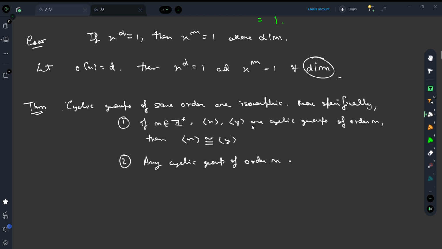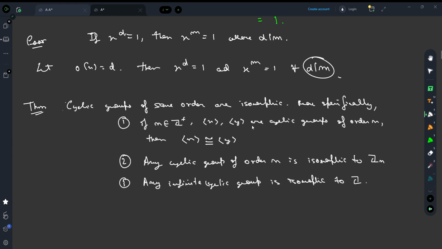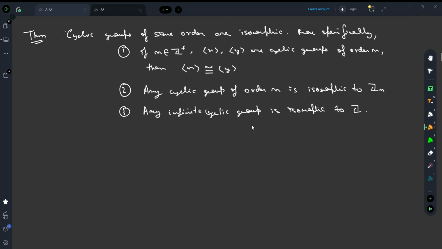Number two, any cyclic group of order n is isomorphic to Zn. And number three, any infinite cyclic group is isomorphic to Z. Okay, these are the things which I want to prove.